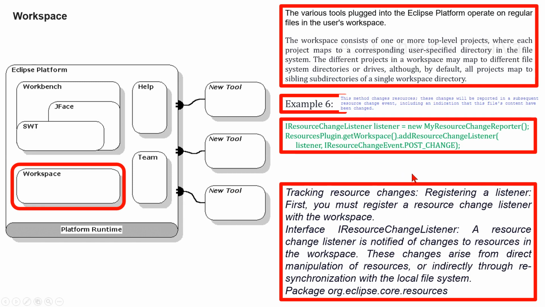For example, the following is included in the IFile.setContents comment. The methods that create, delete, and change a resource typically trigger these events. Methods that read but do not write resources typically do not trigger these events.